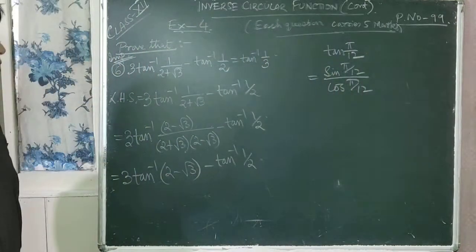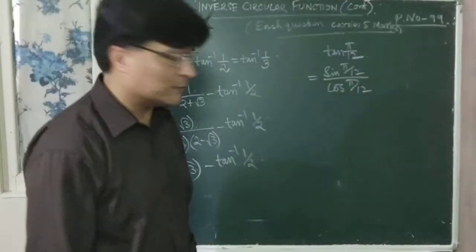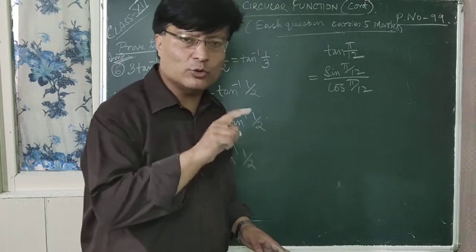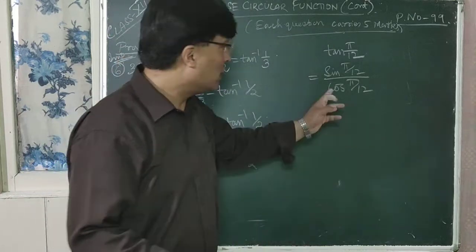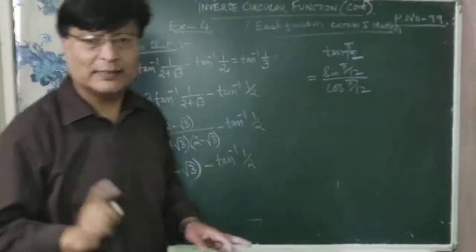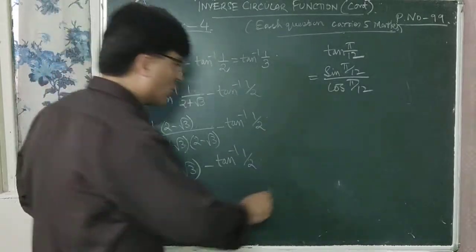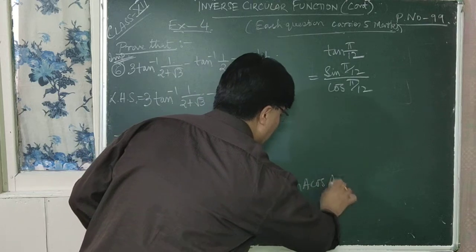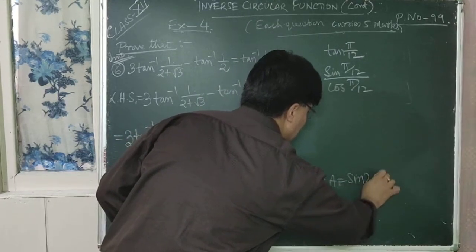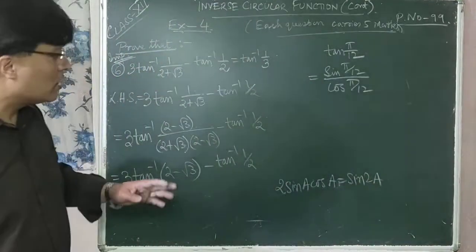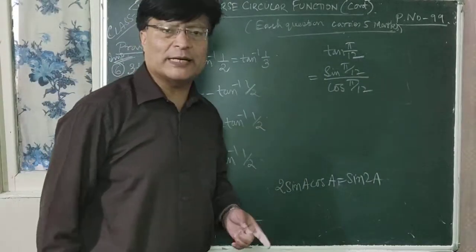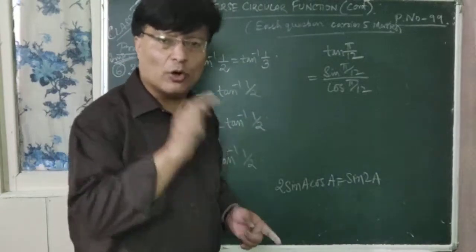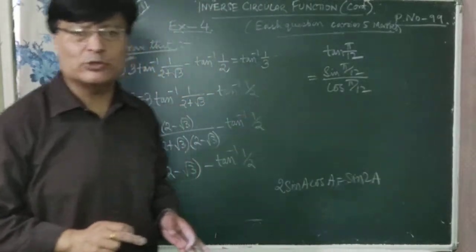So in this case also you have to simplify the denominator. Since there is cos pi by 12, if you multiply it by 2 sin pi by 12, it will be 2 sin a cos a. That is, sin 2a will be the formula, isn't it? 2 sin a cos a, which is equal to, what is the formula? It is sin 2a. So if you multiply the denominator by 2 sin pi by 12, you should multiply the numerator also by 2 sin pi by 12.